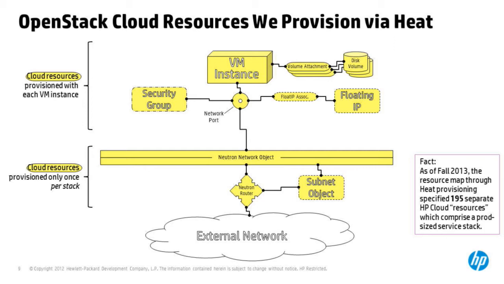All of these pieces are part of our Heat manifest, and that allows us, over and over again, with one API call to the Heat servers that we built, to produce those stacks. And it's hyper consistency, reliability, and usually within less than 10 minutes we could have new resources built up.